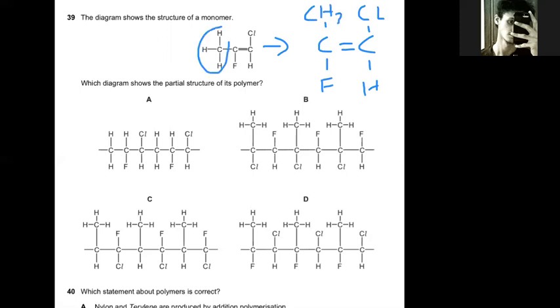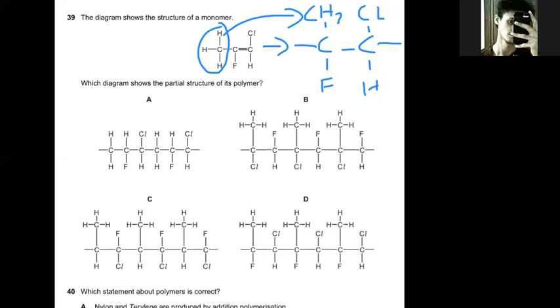This part became CH3 and it came over here. Now, when addition occurs, this double bond breaks and it is attached to other compounds. So on one carbon atom, there should be CH3 and F, and on the other, it should be Cl and H.